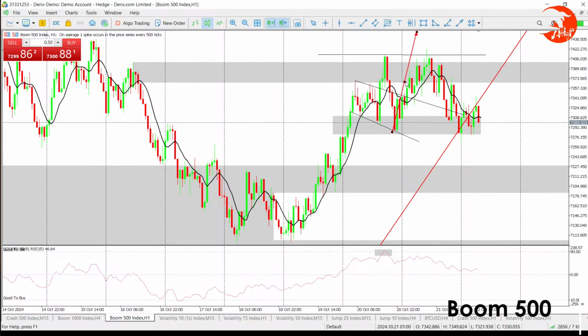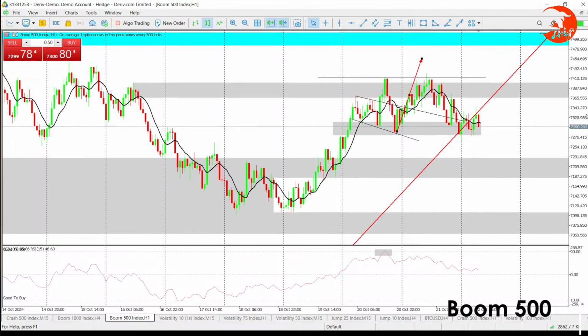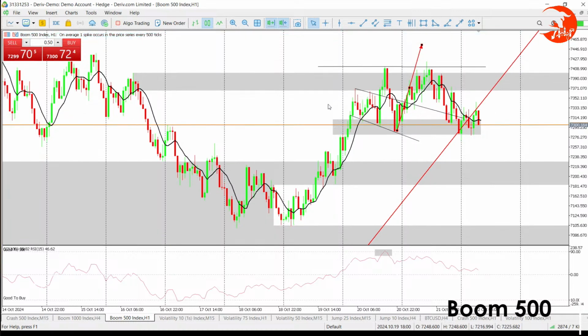So looking at there, we are still anticipating it to come right all the way up there. That is according to H1.